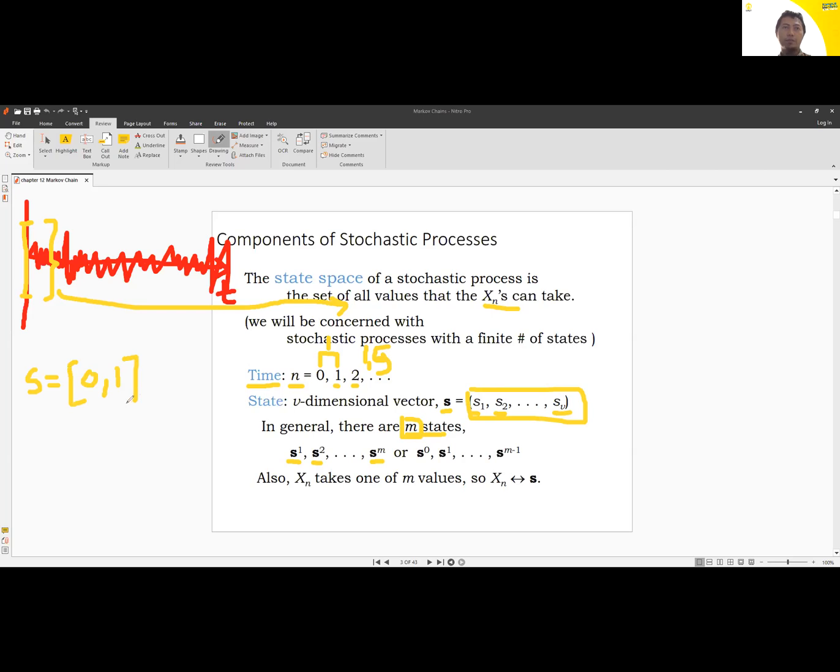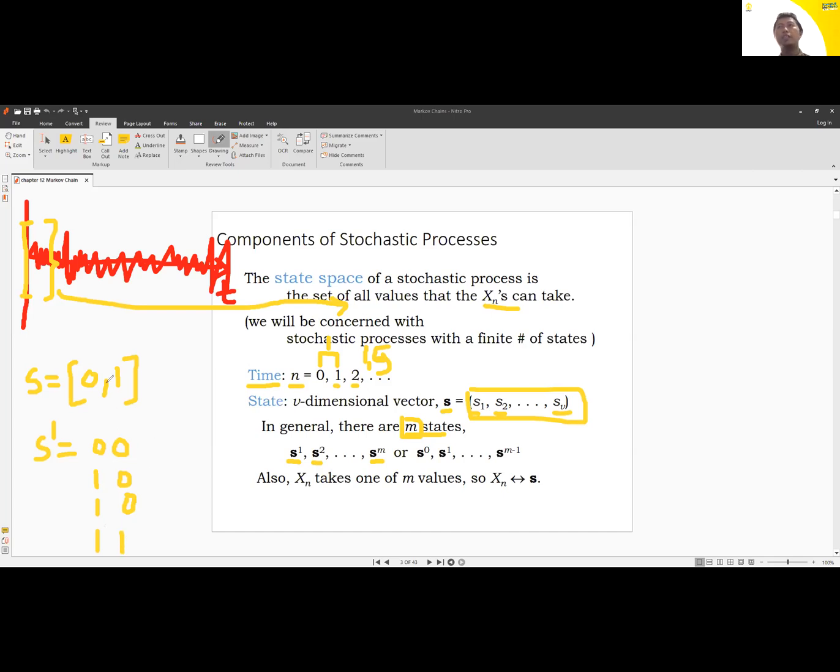So S can possibly be 0, 0, or 1, 0, or 0, 1, or 1, 1.